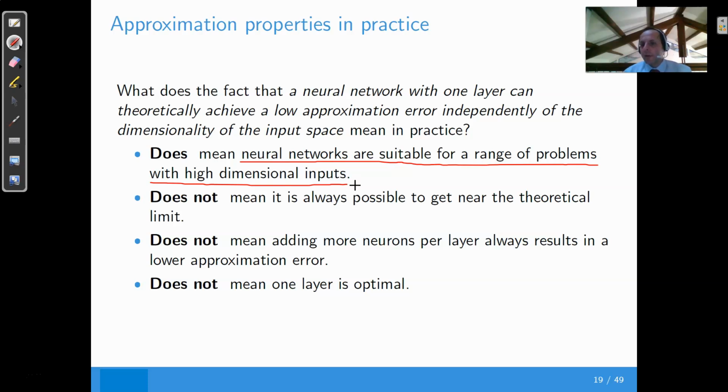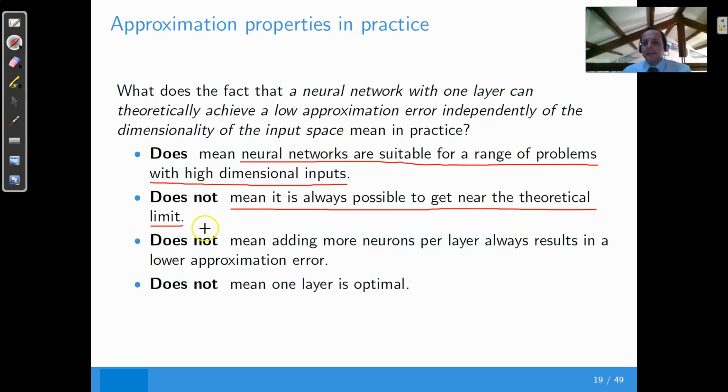Of course, the results that we saw in the previous slides said that we have some limits, but it doesn't mean that it's always possible to go near to the theoretical limit.